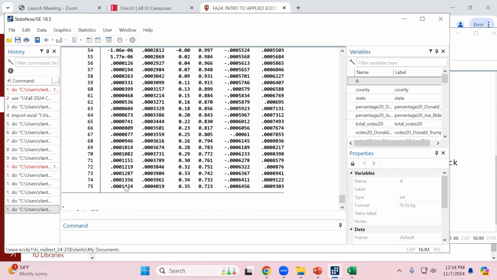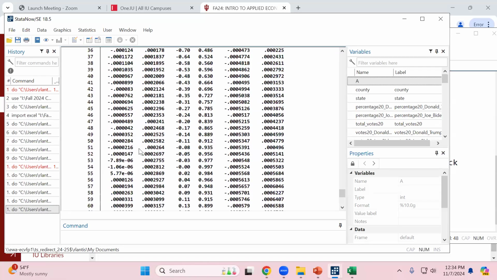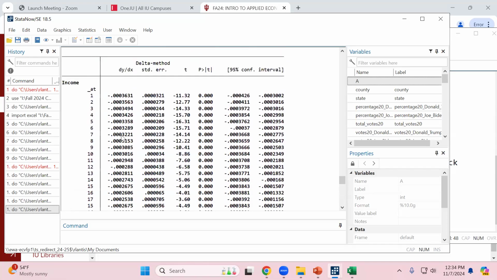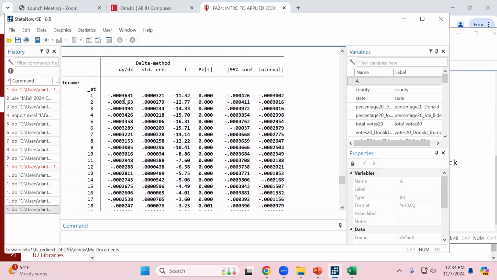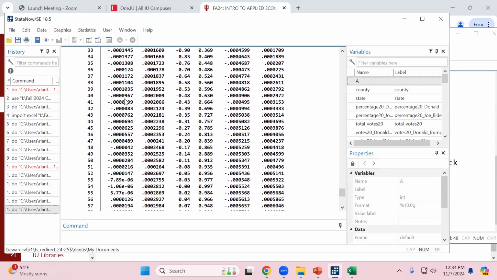Now, what age did we say the turning point was? Remember, it was right around, I think, 54 something. Notice at all these different unemployment percentages, the marginal effect starts out really negative, getting closer and closer to 0. We said it was increasing until we get to 54.